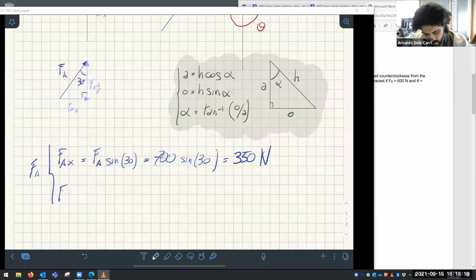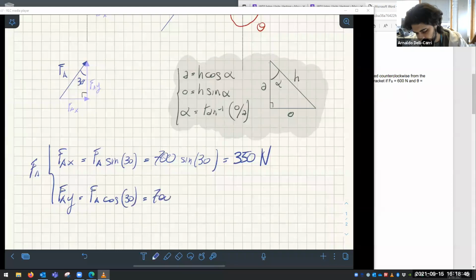So now help me out. What is FAY? What is the vertical component of FA? Let's look again at this triangle. Now, of course, it's not opposite anymore. It's the adjacent. So what do we use? Cosine, correct. So we use the cosine, and it's FA, the hypotenuse, times the cosine of the angle.